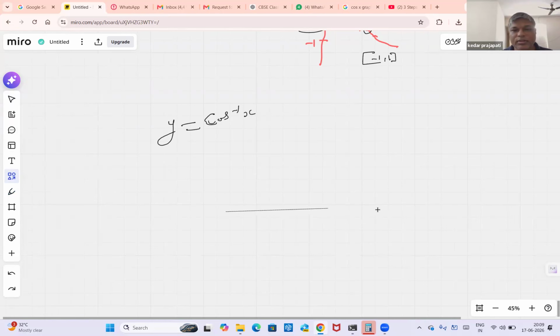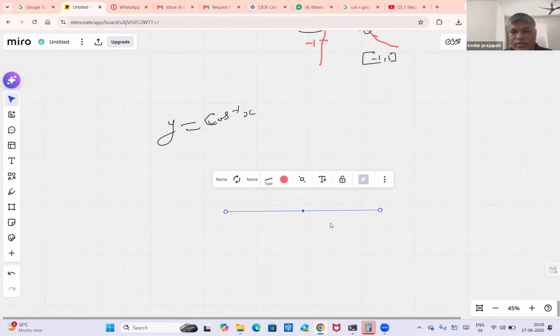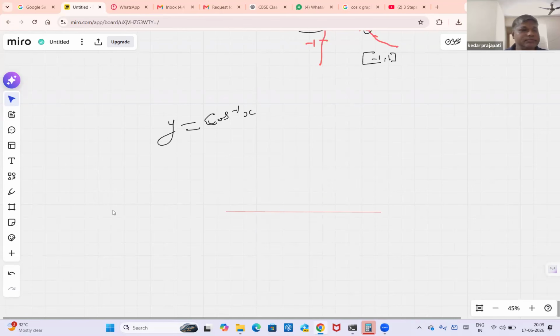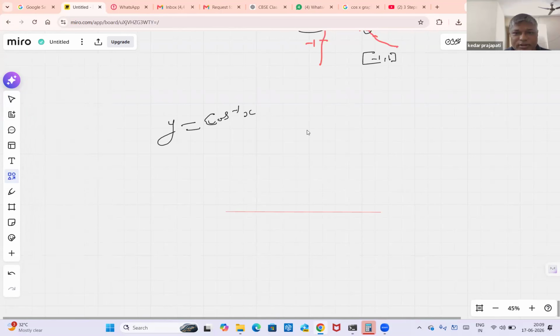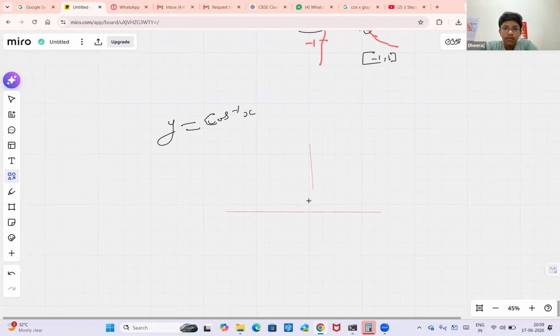So I'm drawing this line first. Fine. Is it visible? Yes. So here to here.